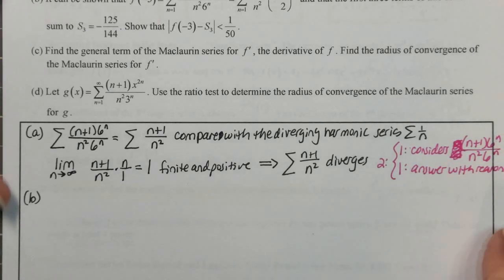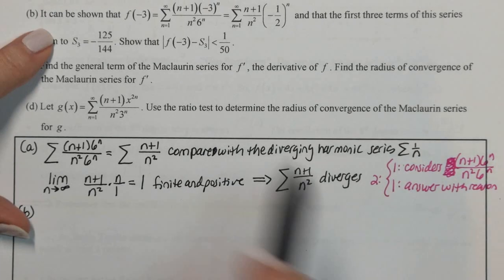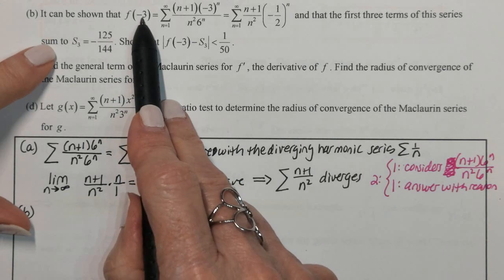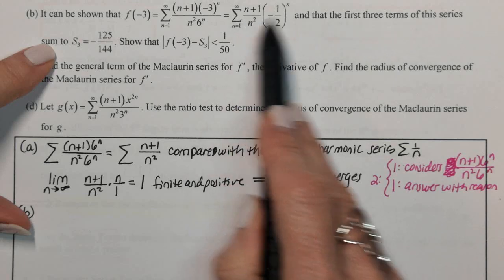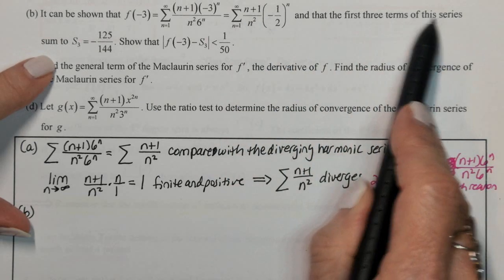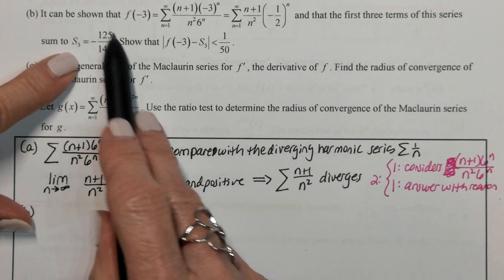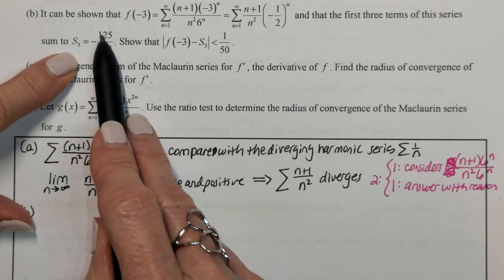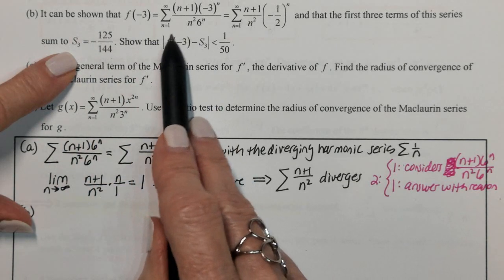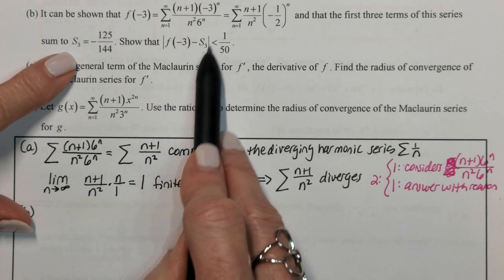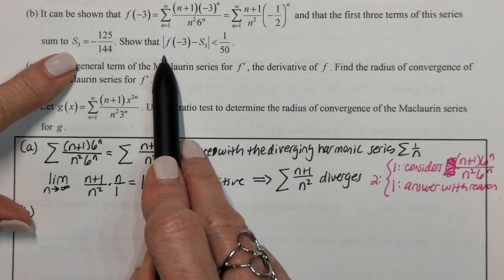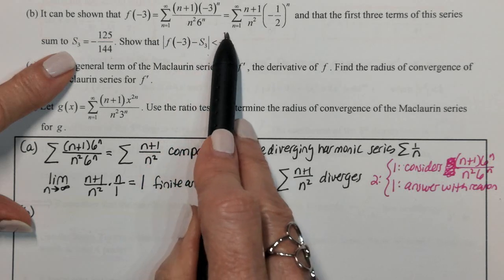Part B. It can be shown that f of negative 3 is equal to this, and that the first 3 terms of the series sum to this. Show that the absolute value of the error is less than 1 over 50.